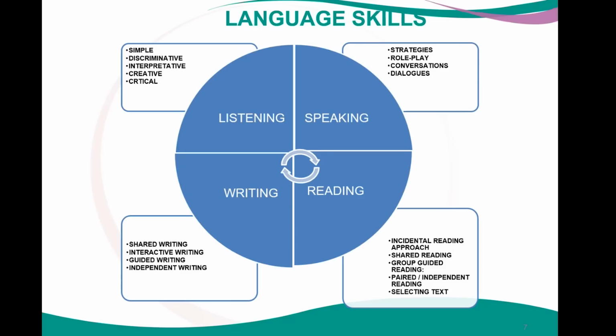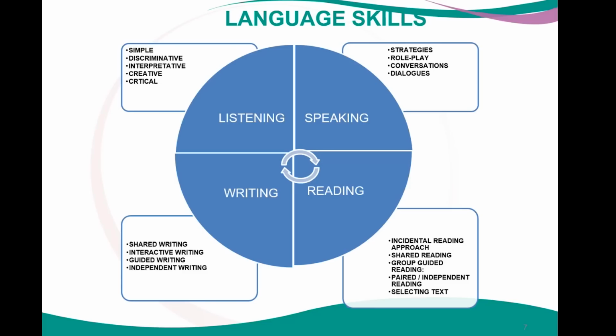Speaking. What kind of strategies are you going to use for them to be able to speak? Role play. As the role play, I'm the shopkeeper, you are the customer. I'm the nurse, you are the doctor. Conversations, you have those round tables with them. Dialogues. You allow them to use different strategies. There's what we call incidental reading, shared reading, group guided reading, paired reading.